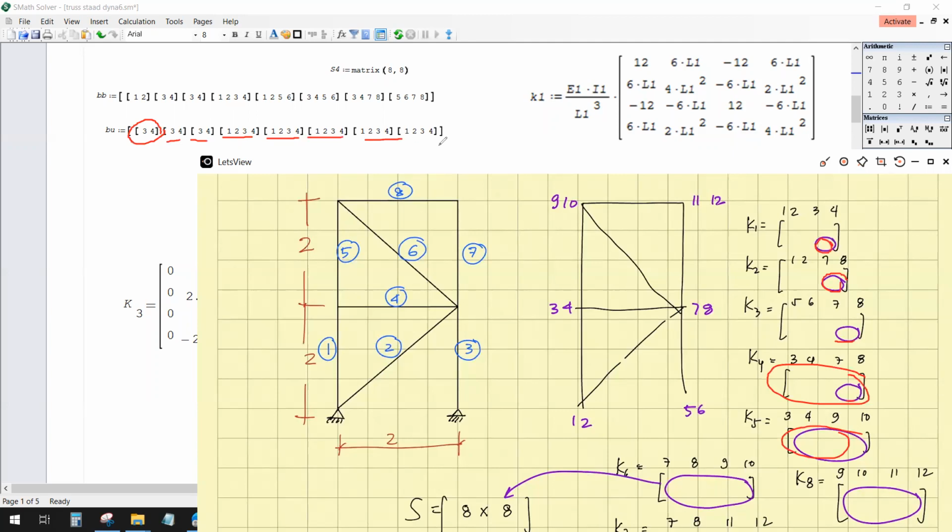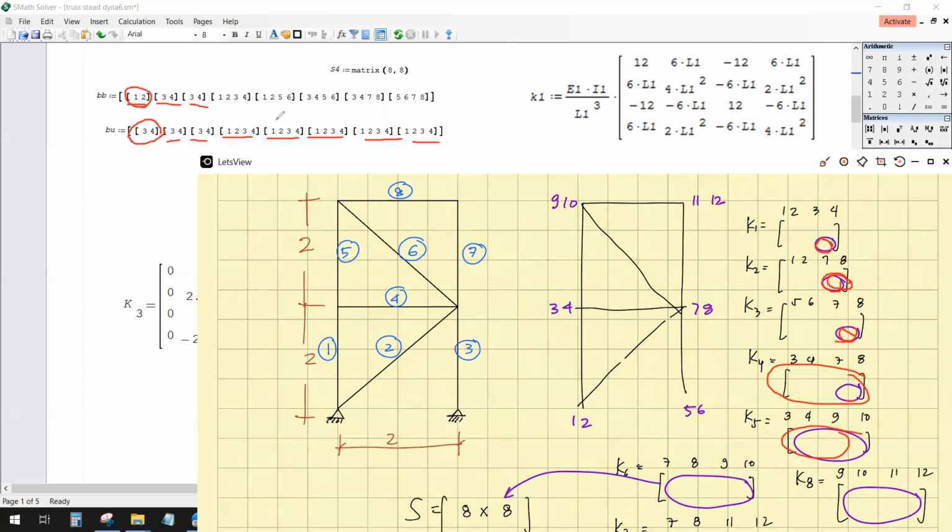Okay? Then, the destination, BB matrix, 3, 4, of course, mauna siya. 1 and 2. Yan. 7, 8 will be 3rd and 4th. Dahil 7 and 8 din to, 3rd and 4th. So on and so forth, no? Base yan doon sa numbering mo. So, 3, 4, 7, 8, 9, 10, 11, 12.